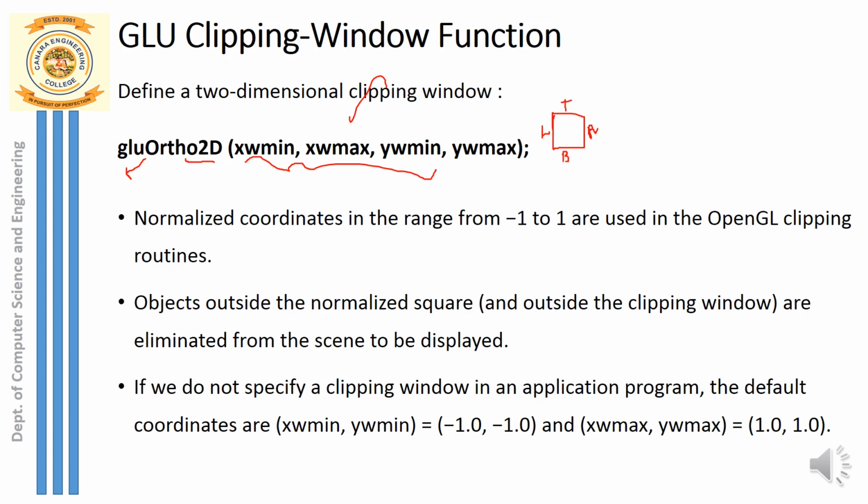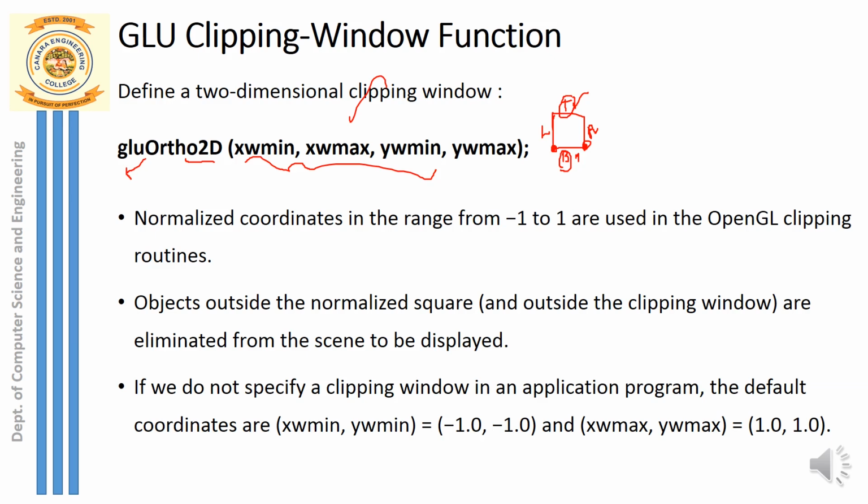So xw min is the leftmost boundary, the lower limit. xw max is the rightmost upper limit. Then yw min represents the bottom portion, the lower limit. And yw max represents the upper limit, the top portion of the clipping window. So these are the 4 parameters that you have to set.